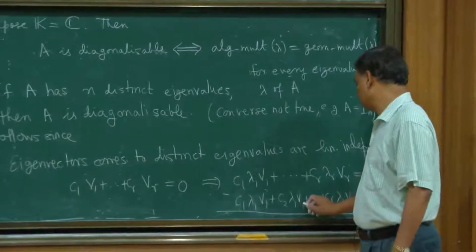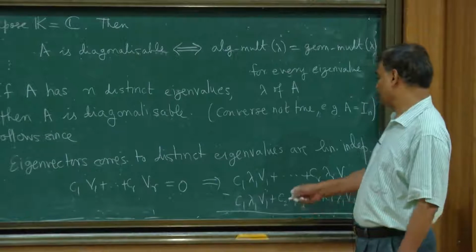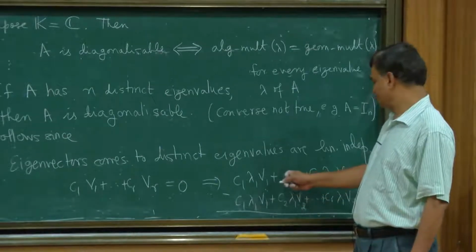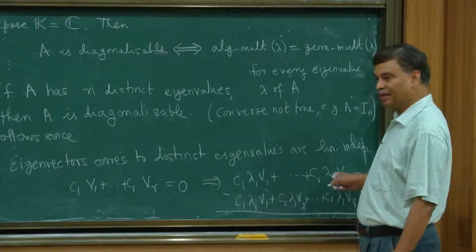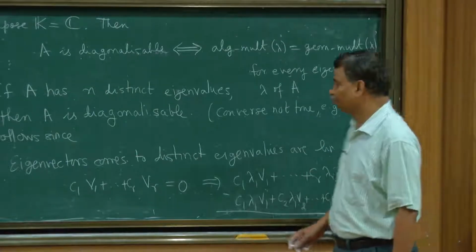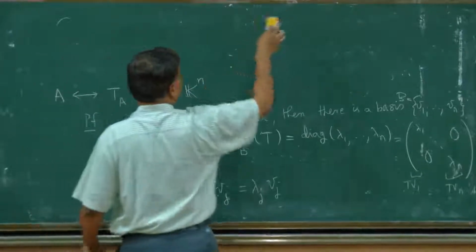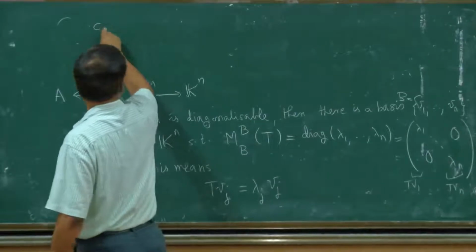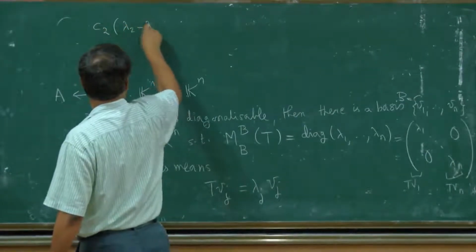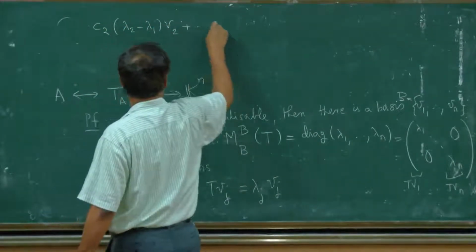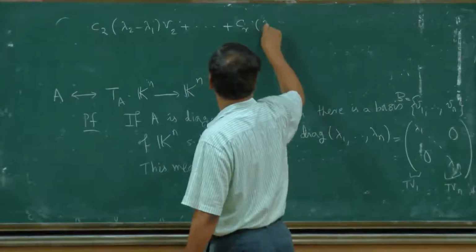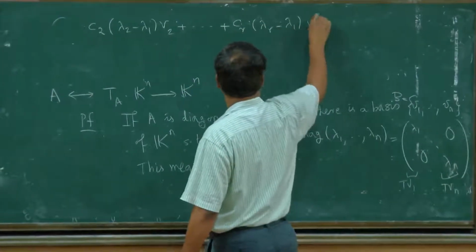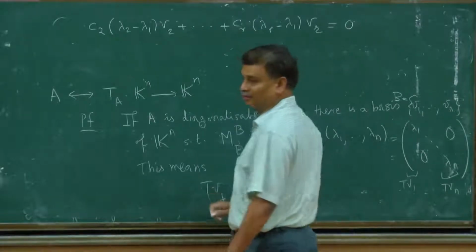Sorry, here V2. What would I get? I would get a relation between V2 to Vr, because the first term will cancel. So, I will get C2 (lambda 2 minus lambda 1) V2 plus ... plus Cr (lambda r minus lambda 1) Vr is 0.